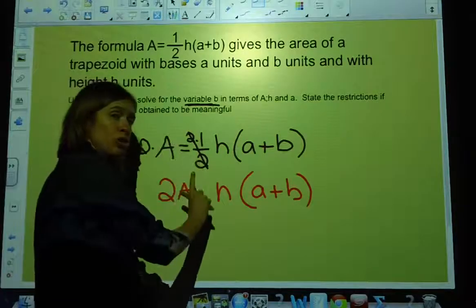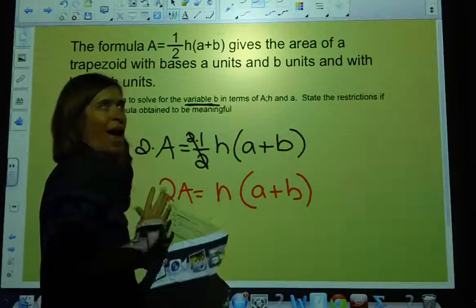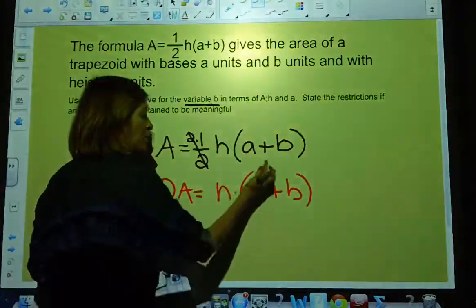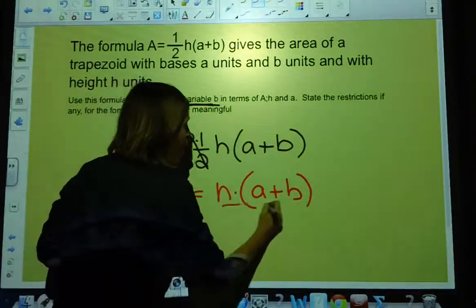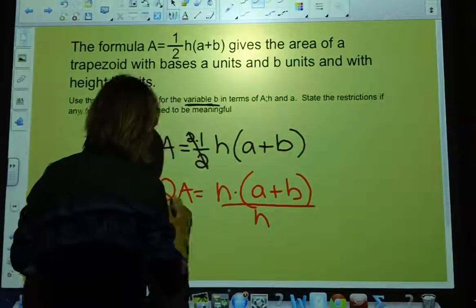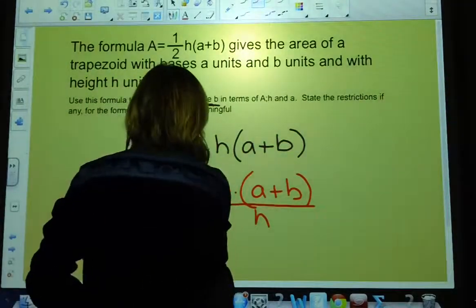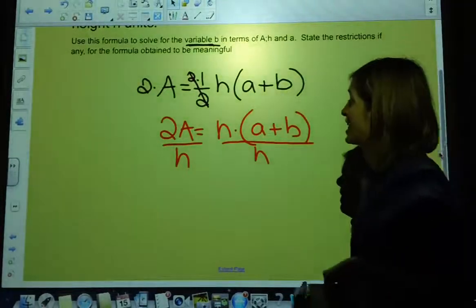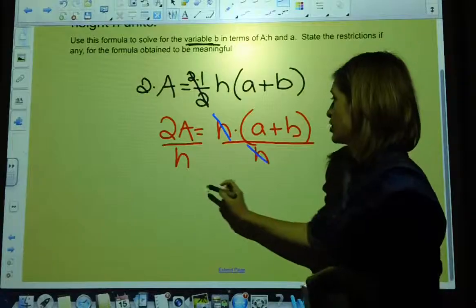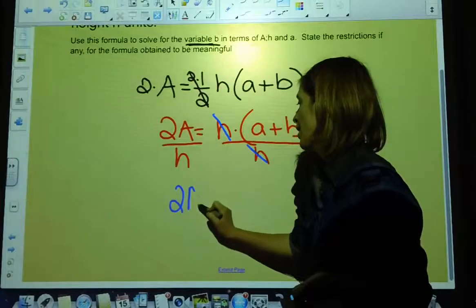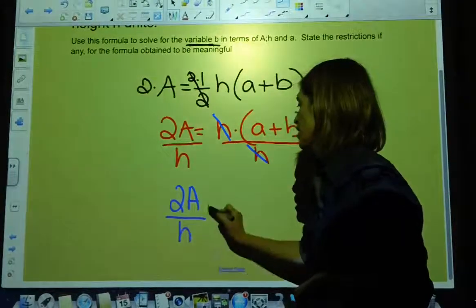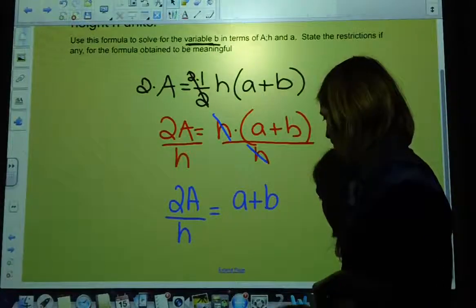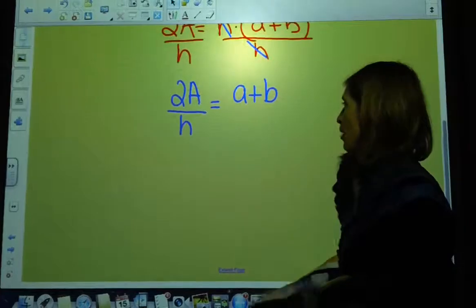And again, you don't want to distribute unless you absolutely have no choice. So because H is being multiplied to this whole quantity, I can divide both sides by H. Now, this H cancels and I have 2A over H equals a plus b. All right, that looks a little bit prettier for us now.